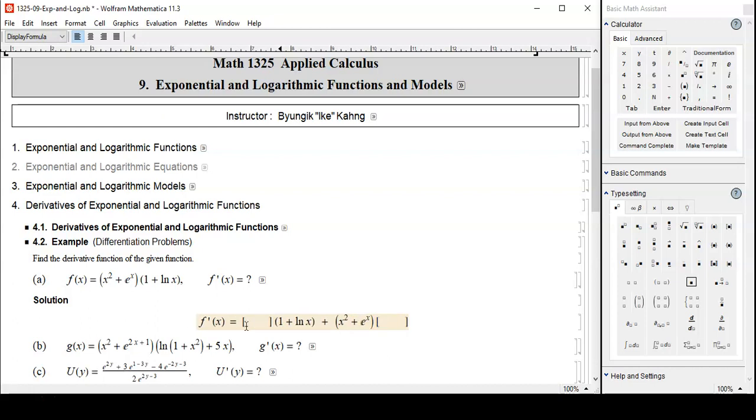Remember that? u prime v plus u v prime.